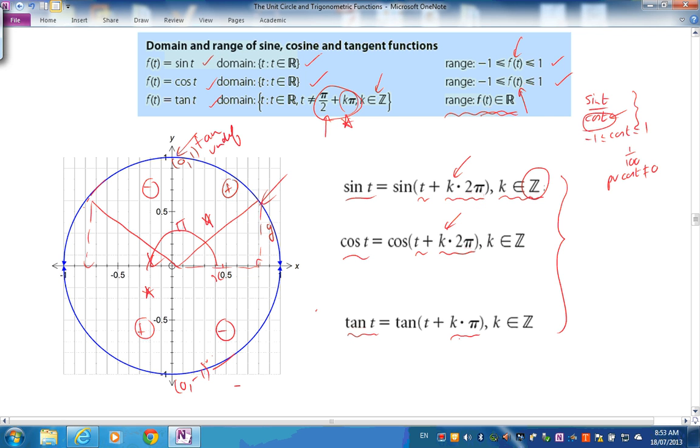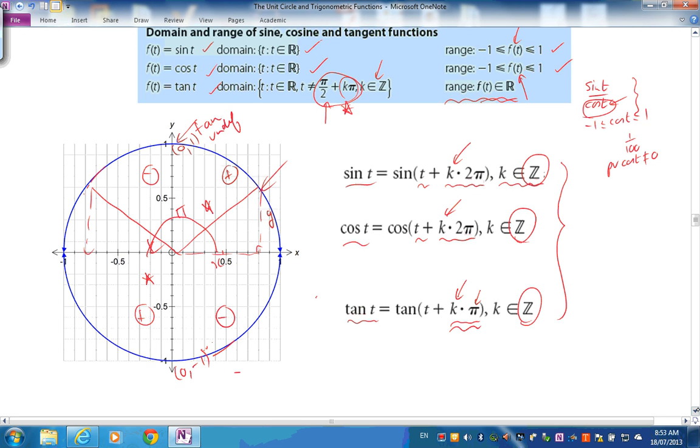So it's actually got a period of pi, and here we're saying, remember, it's a whole number of lots of that period. So the smallest number to repeat itself is pi, but every time you go pi further, you'll get a repetition. Remember, a positive or negative whole number of lots of the period will take you back to the same point.